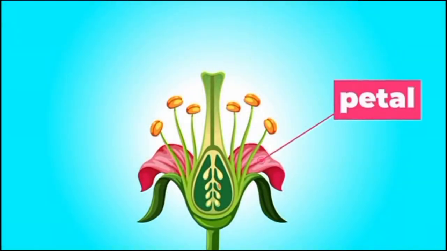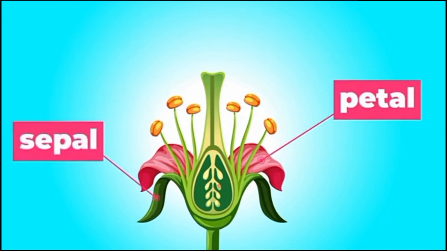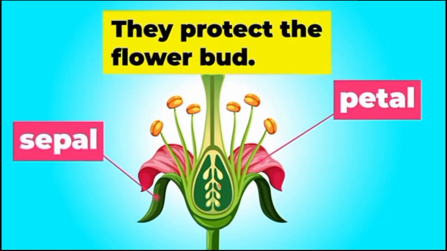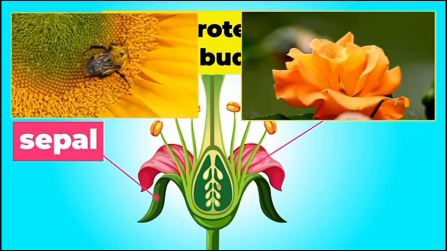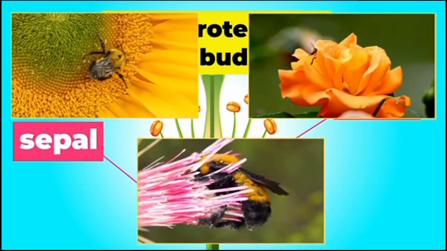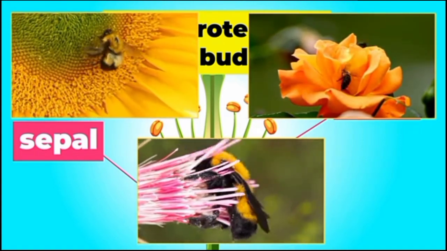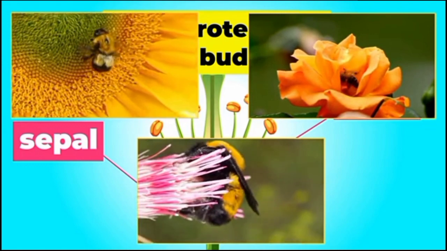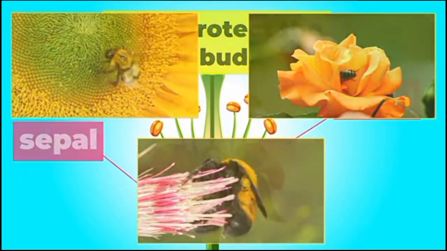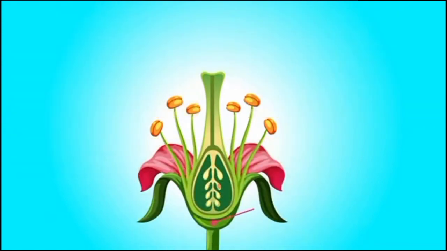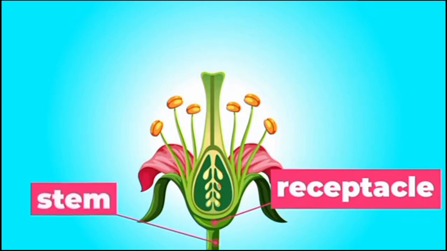This is the petal and sepal. They protect the flower bud. Depending on the flower, the petals have different size, shape, color, and smell. This is the receptacle and stem.